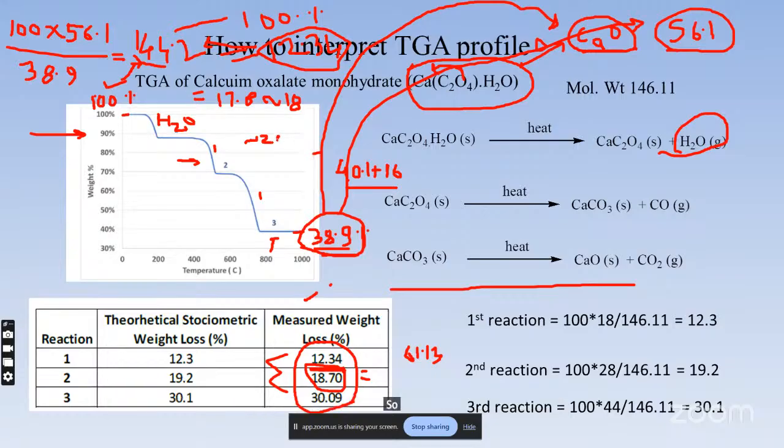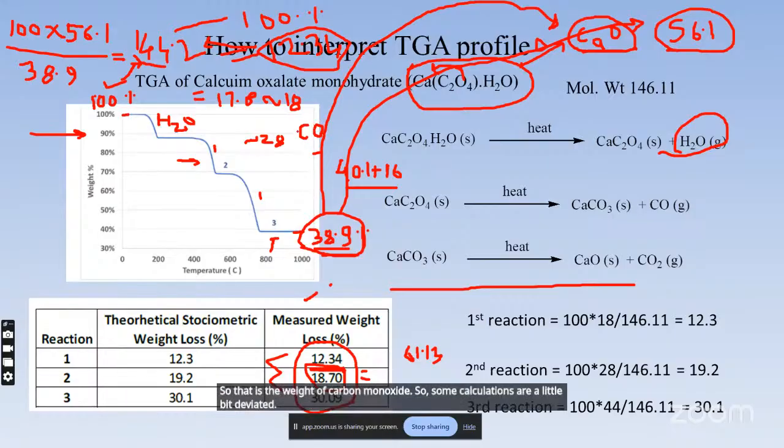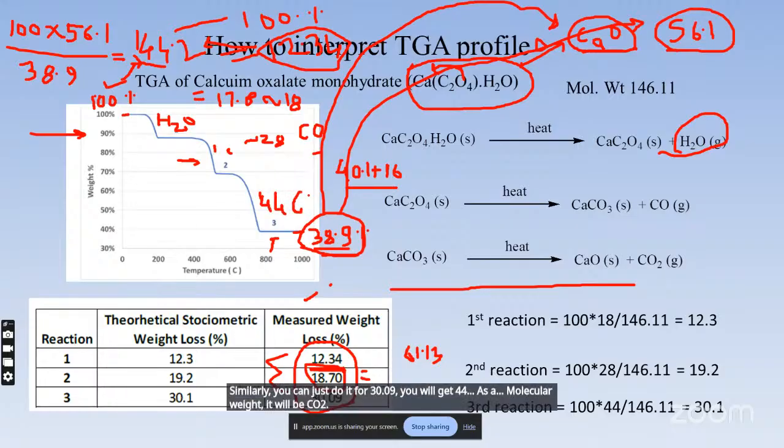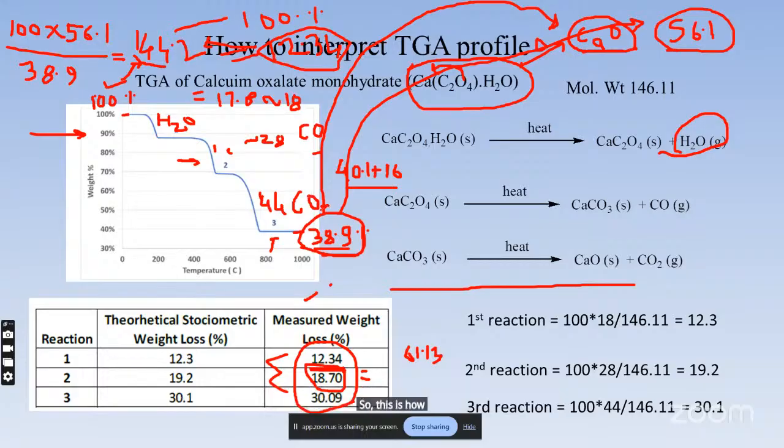So that is the weight of carbon monoxide. Some calculations are a little bit deviated, but we can have this carbon monoxide loss. Similarly, you can do it for 30.09. You will get 44 as a molecular weight. It will be CO2. So this is how you can analyze your TGDTA.